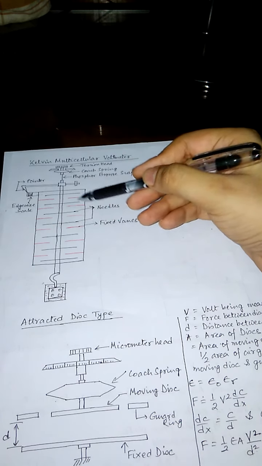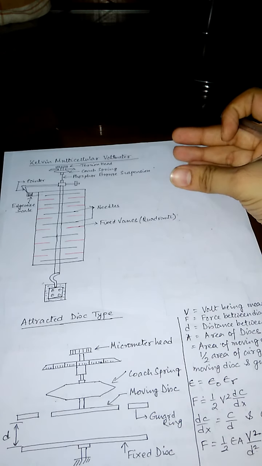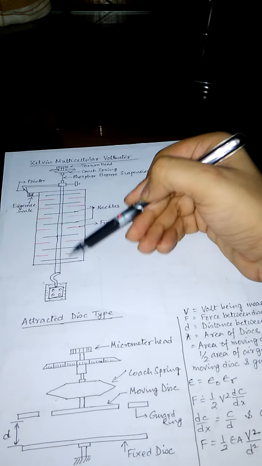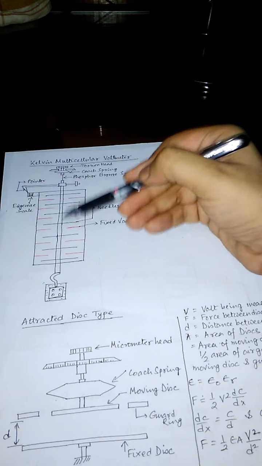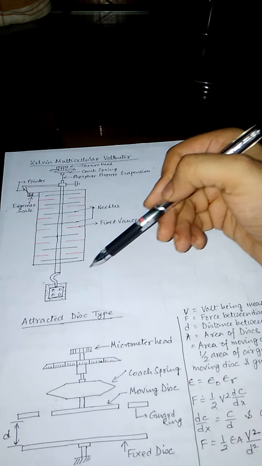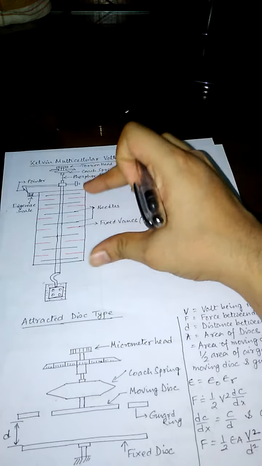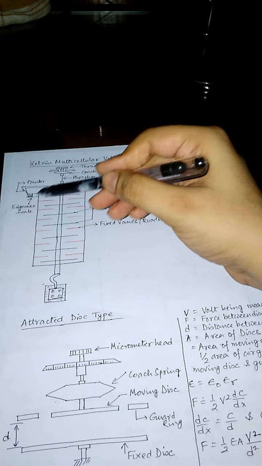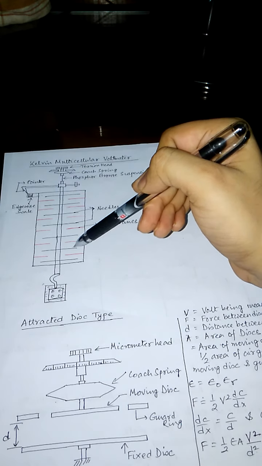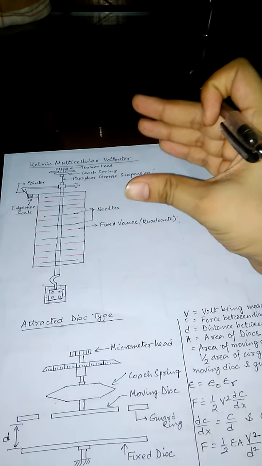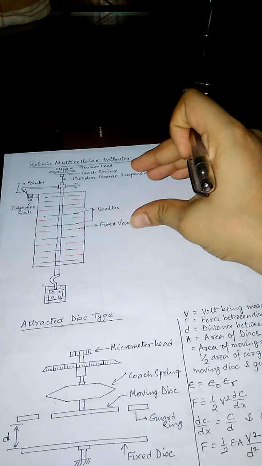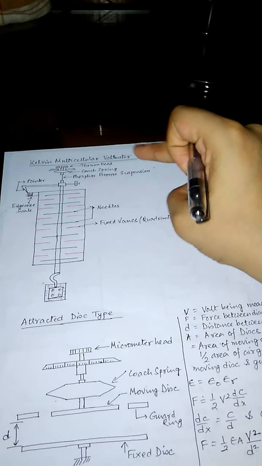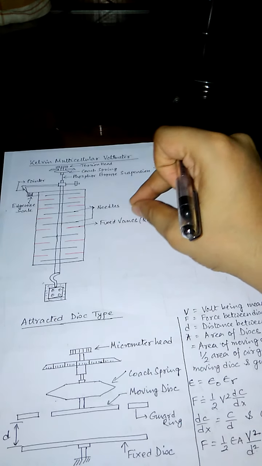So how can electrostatic force be produced in large amounts? For this reason we have this arrangement, with many fixed quadrants and many needles. When there is accumulation of charge due to the applied voltage, a large amount of charge gives a lot of electrostatic force, which gives more deflecting torque for a low voltage.